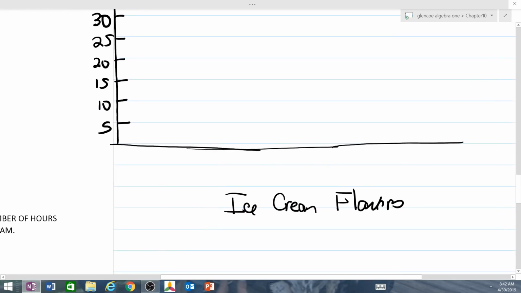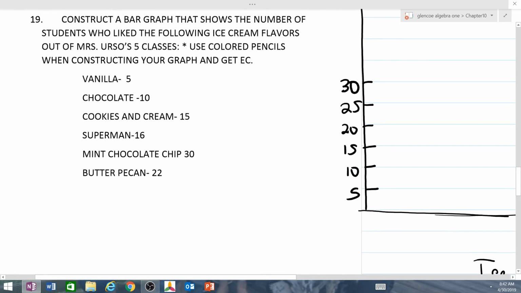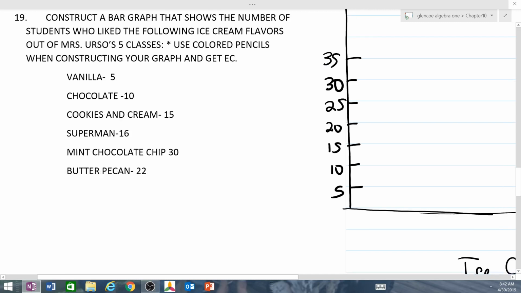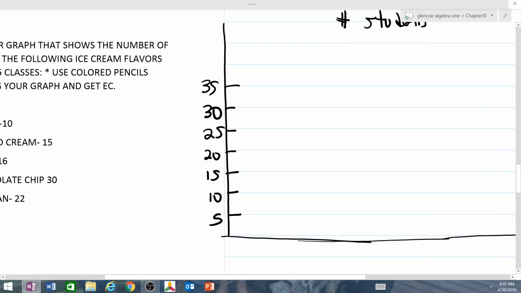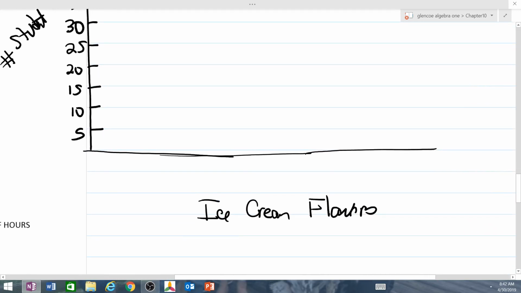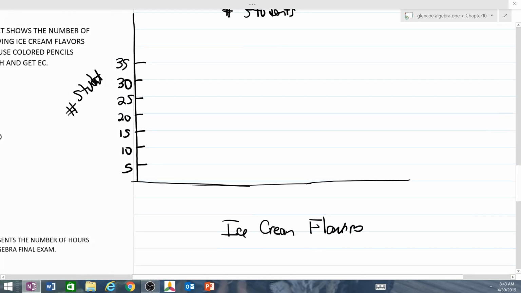And we can write our colors down here. Let's just give you the data again. 5 for vanilla, 10 for chocolate, 15 for cookies and cream, 16 for Superman, 30 for mint chocolate chip, and 22 for butter pecan. Number of students, and these are my ice cream flavors.